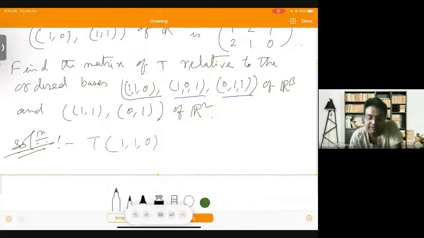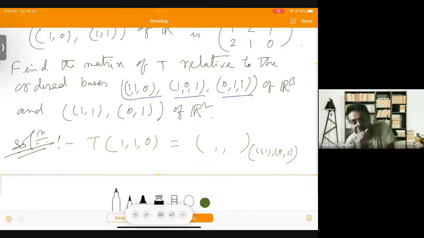But whatever the transformation we get, the coordinates we have to represent with respect to this ordered basis (1, 1) and (0, 1), right? And that coordinate will be the first column of that matrix, right?